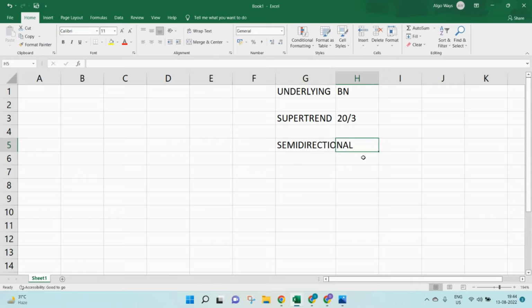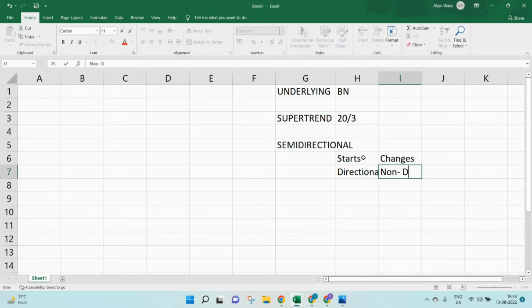Either the strategy starts with a directional bias and then changes its characteristics, either it starts with directional and then goes non-directional, or it starts non-directional and then shifts to directional.